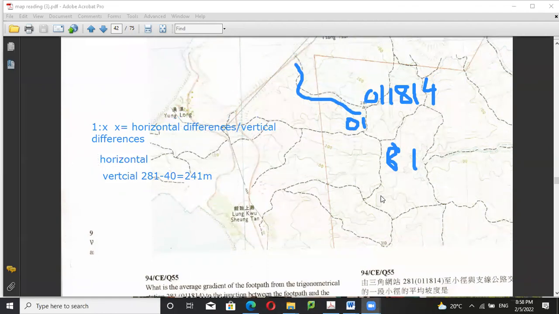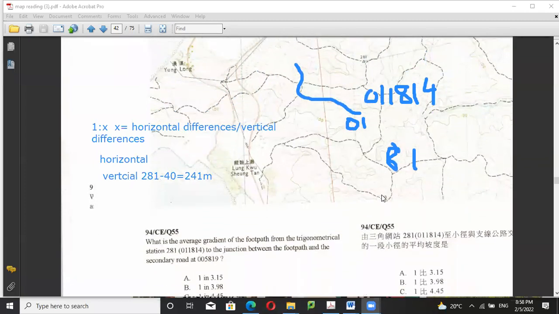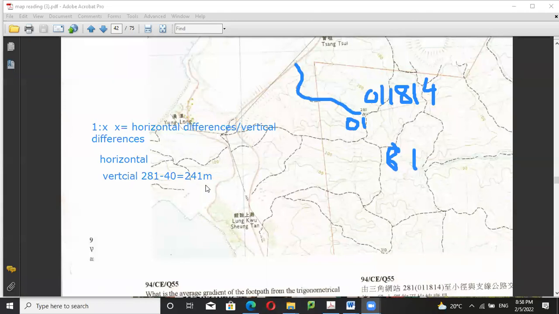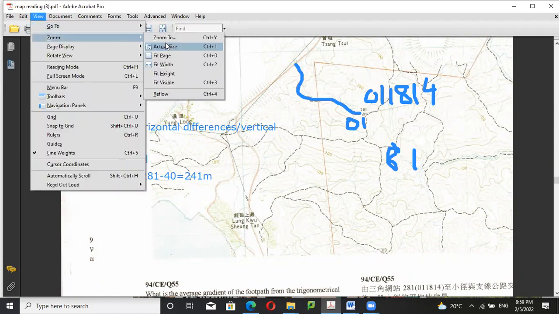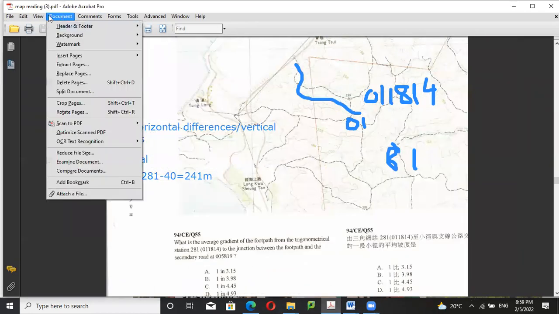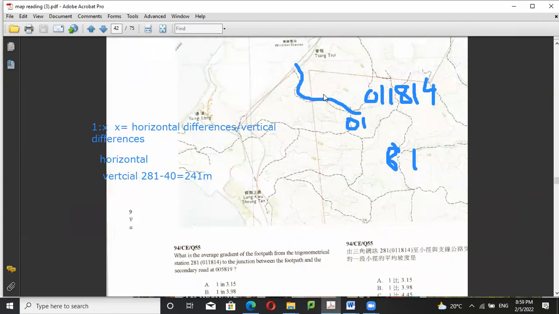Here it is more or less the same as an A4 paper. If you measure it, I think it should be around 8 cm.